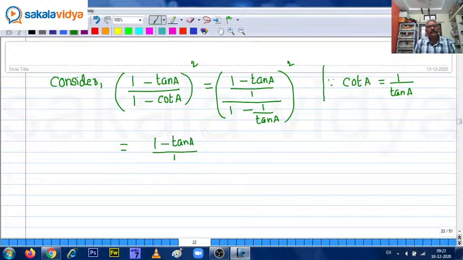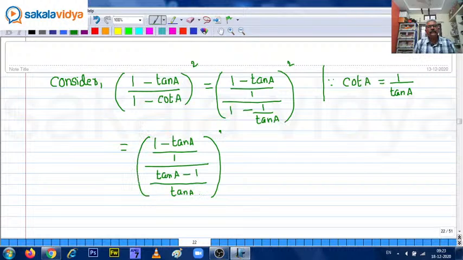upon 1 minus 1 upon tan A. LCM, you have tan A minus 1 upon tan A, whole square you will be getting.